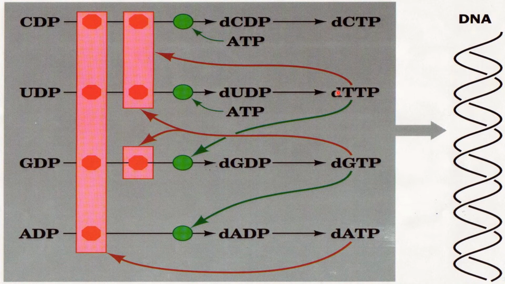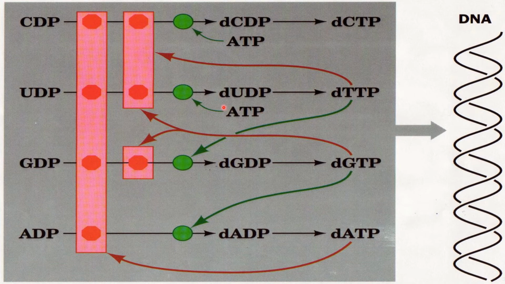But deoxy TTP inhibits the conversion of CDP to deoxy CDP. But ATP has a positive effect in the synthesis of deoxy UDP and deoxy CDP as well as deoxy CTP.